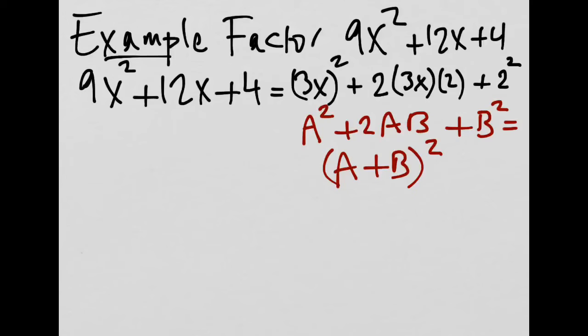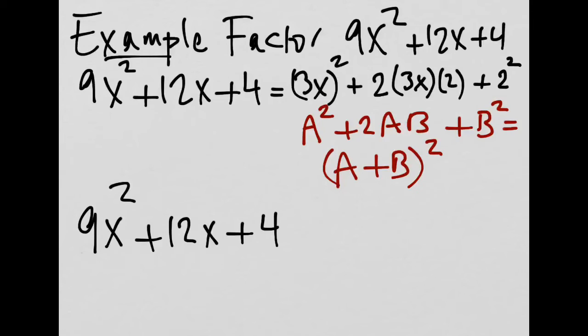So with that in mind, we can rewrite 9x squared plus 12x plus 4 in factored form as 3x plus 2 squared. And of course, you can check this work by expanding 3x plus 2 squared to recover 9x squared plus 12x plus 4.